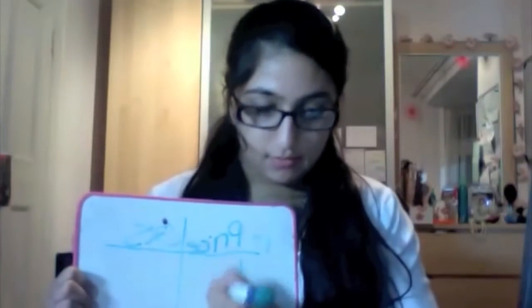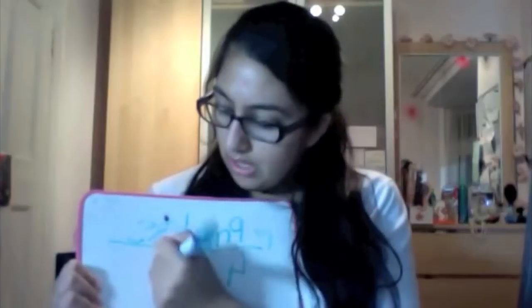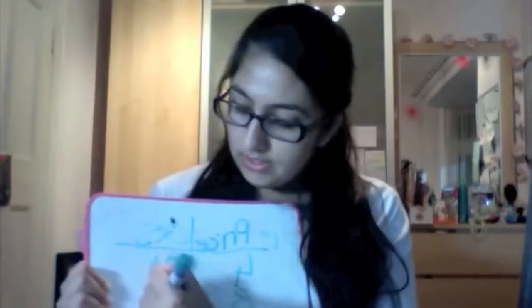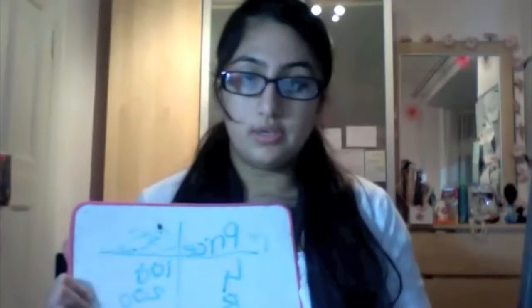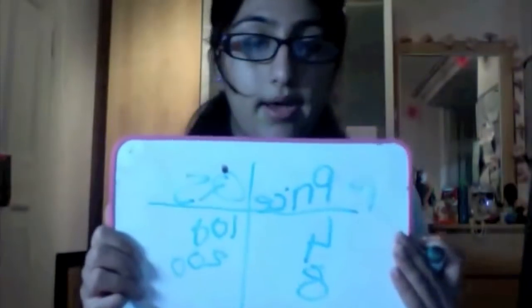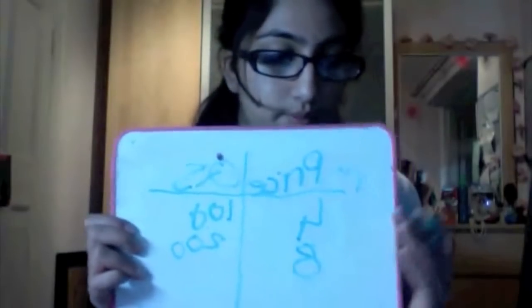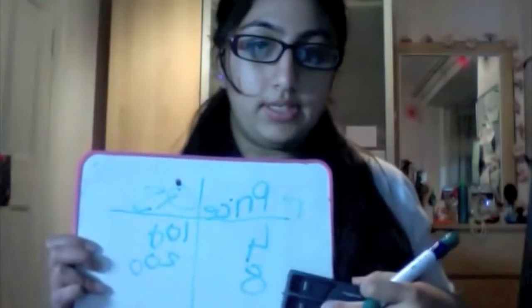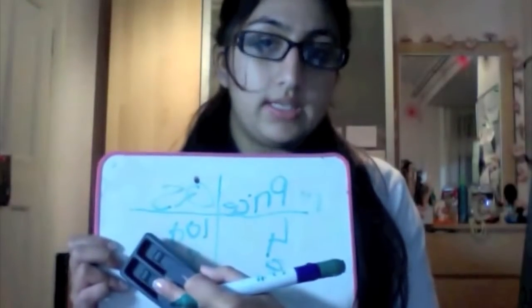If price is 4 for apples, for example, quantity might be 100. If price moves up to 8, the quantity might become 200, and so on. This is a supply schedule. Notice that as the price increases, so does the quantity supplied.